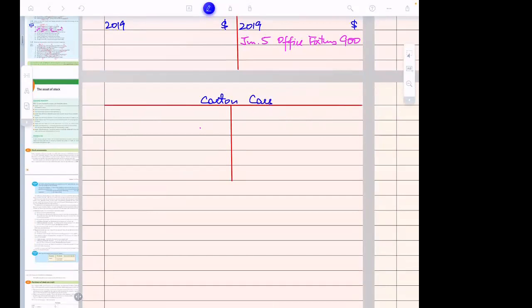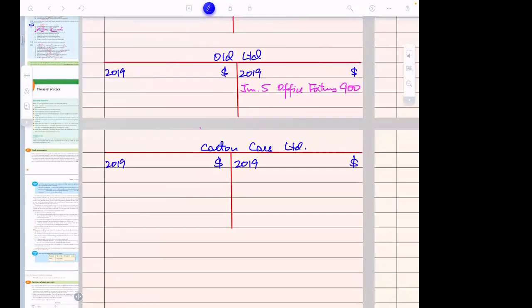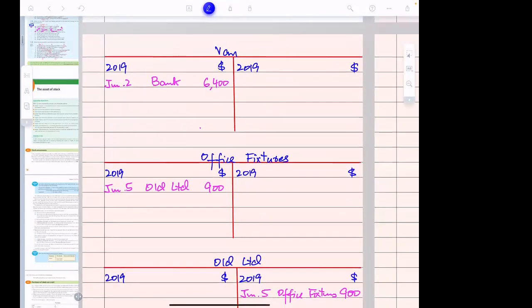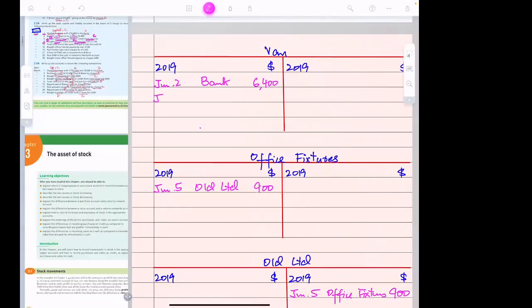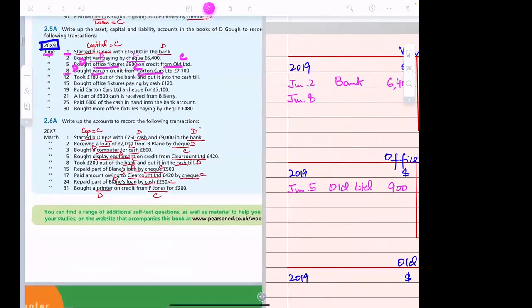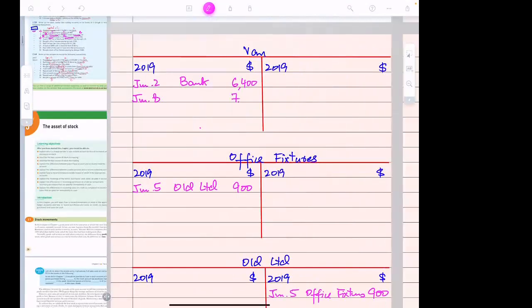So Carton Cars Limited, let's quickly label this with the dollar sign and the year. Now, once again, van is debited and Carton Cars is credited. The date is June 8th. So we write June 8th on the debit side of the van account and the amount was 7,100.